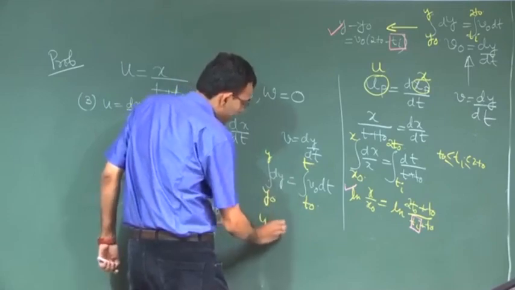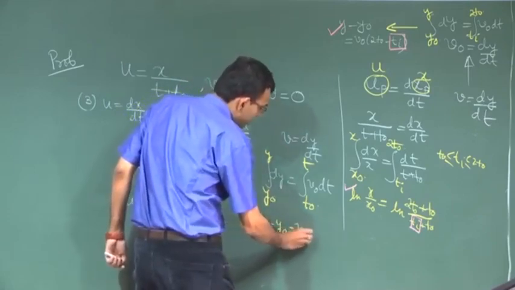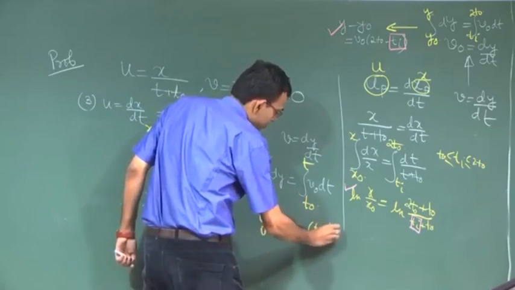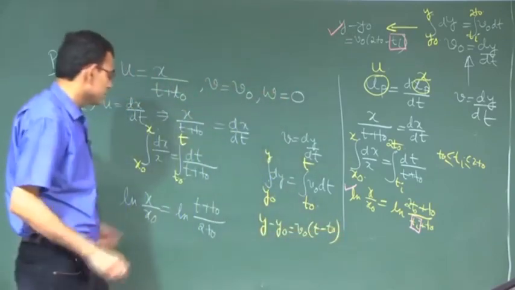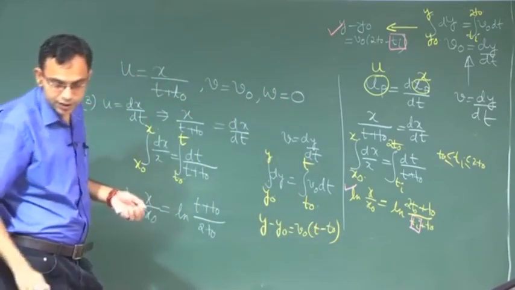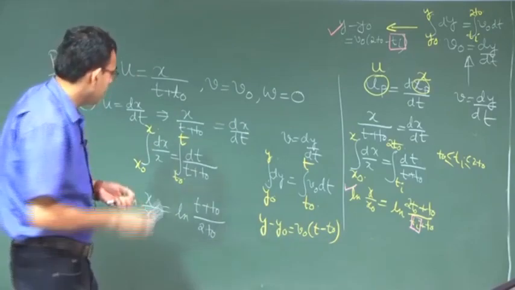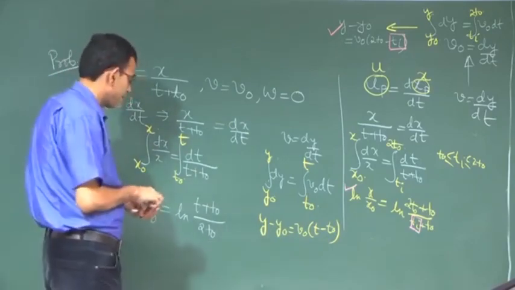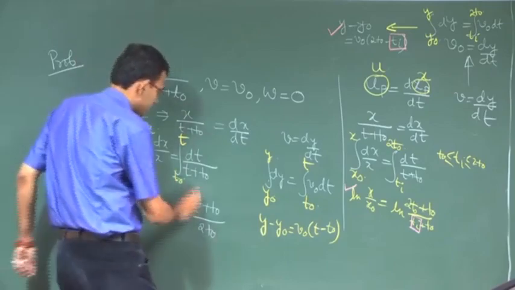So, y minus y0 is equal to v0 into t minus t0. So, now what you eliminate? You will eliminate t from these two equations.